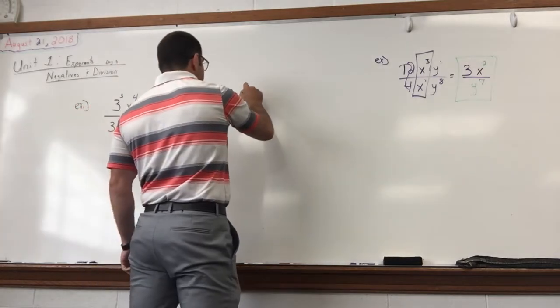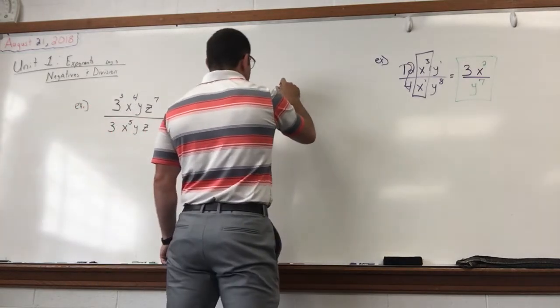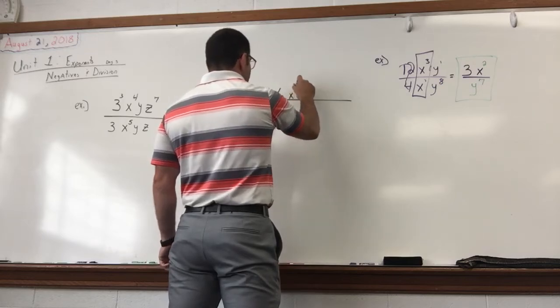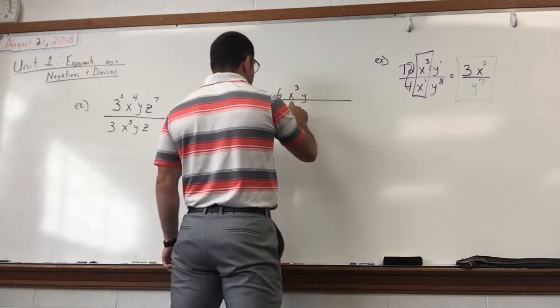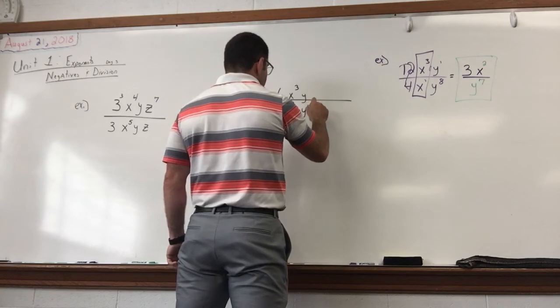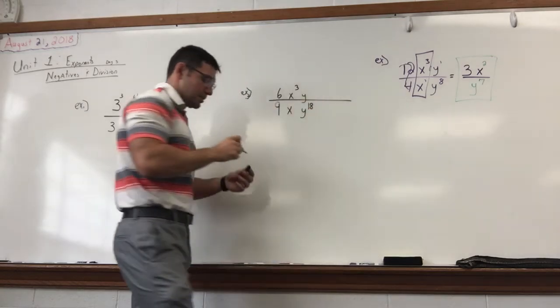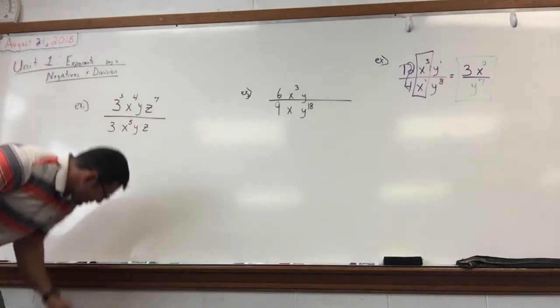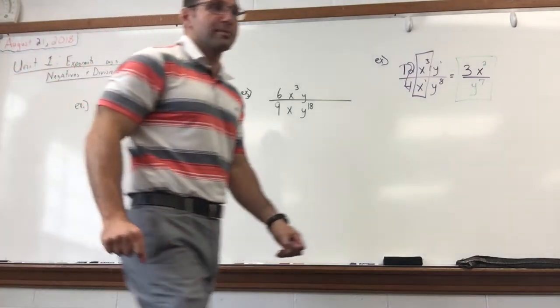And example 2, 6 over 9, x to the third y, x, y to the 18th. Try those two problems. Go ahead, write them down and give them a try.